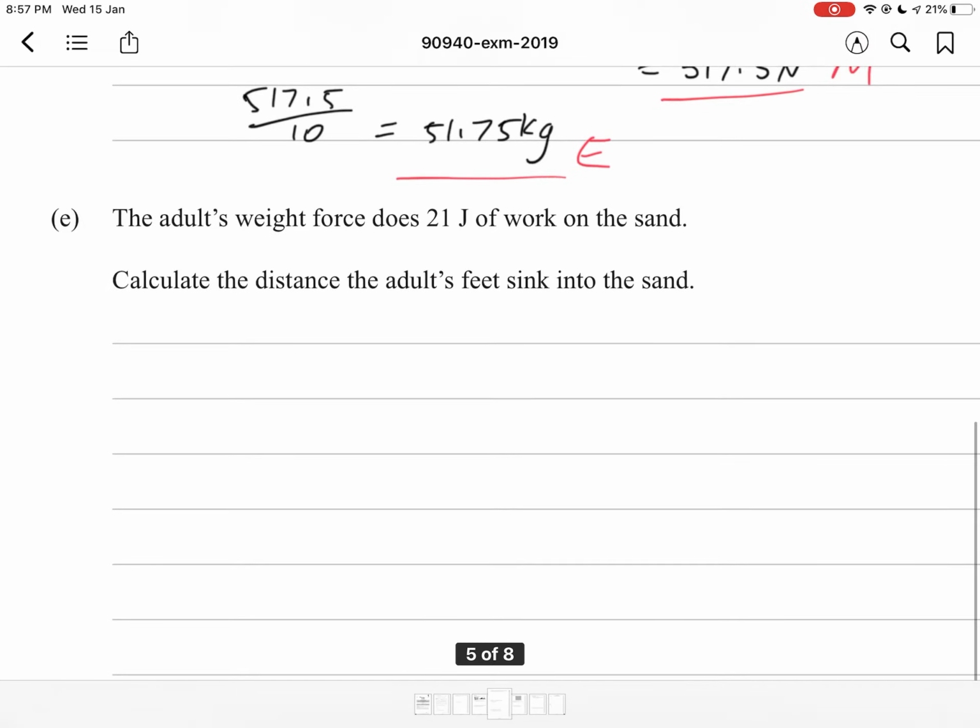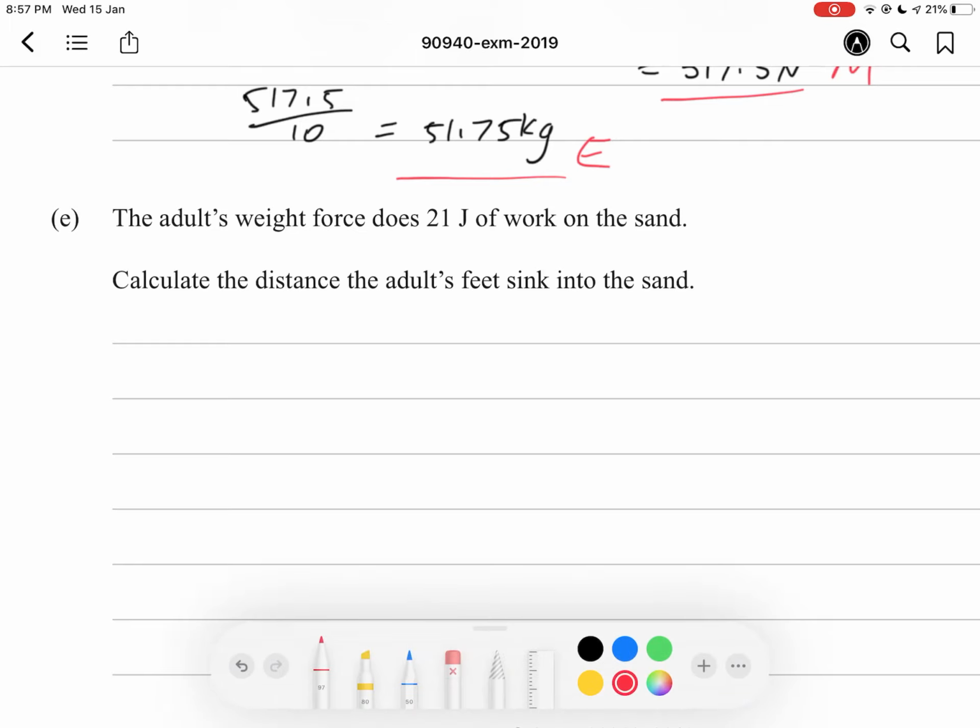Right, question E. The adult's weight force does 21 joules of work on the sand. Calculate the distance that the adult's feet sink into the sand. Alright, so we know that the weight force does 21 joules of work on the sand. So we know that work is equal to force times distance, where F in this case would be the weight force. So force equals 690 newtons.